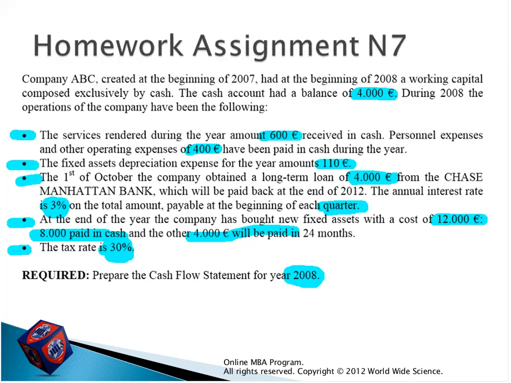It is a new topic, but I would ask you to try to make your calculations, even if you calculate the taxes or the interest rates incorrectly. The most important thing for me is that you apply all these amounts in the correct position.